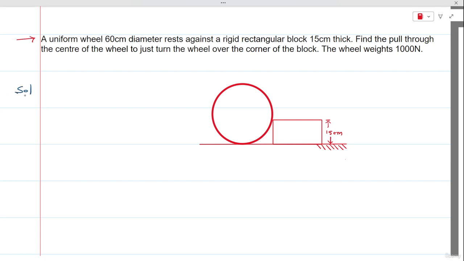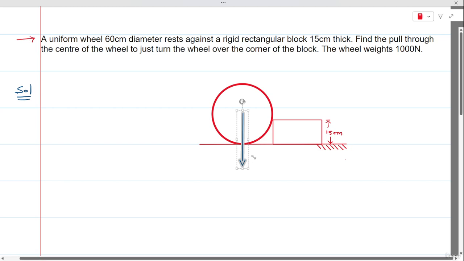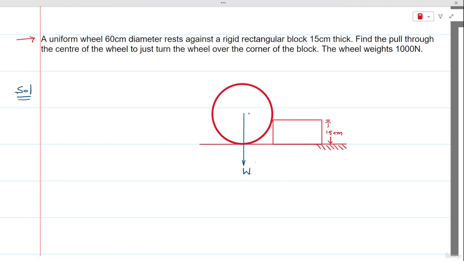So here we need to mark the forces first of all. The first force I would be marking here is the weight of the cylinder that is acting vertically down, and the force P is applied. And one more thing to tell you, the force P is applied at the center.